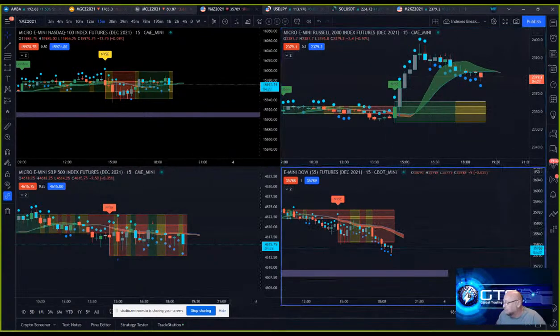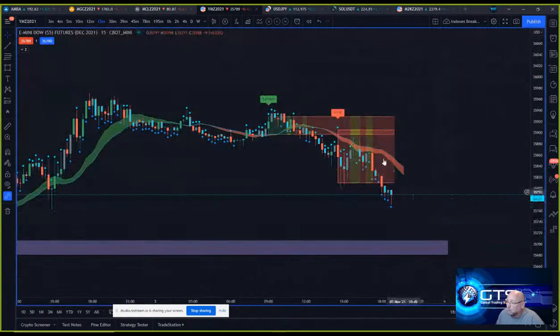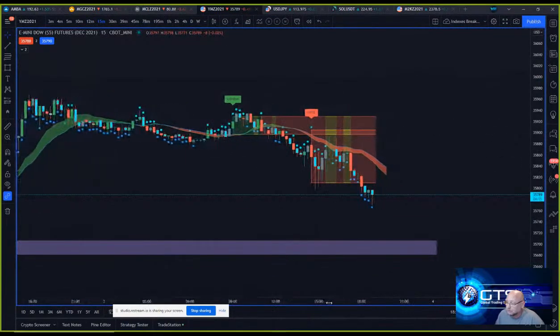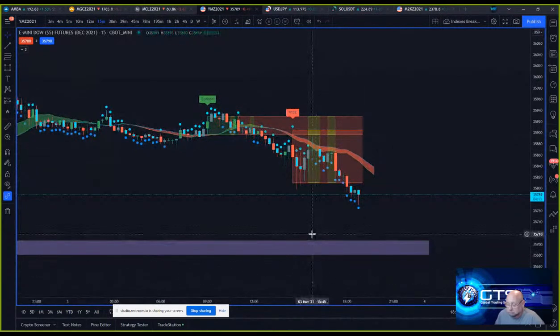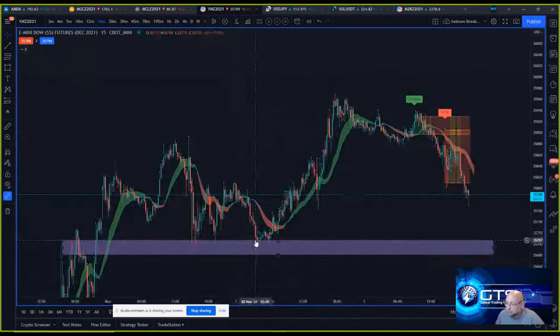So with YM, it was quite a large range, but that range did find resistance in the London Open. It was colored in red, and we are looking for a short. Okay, so if you are taking this, the next sort of support is about here. There's a little one here which concerned me, and that's why I didn't go in, to be honest, because that was a big rejection there.